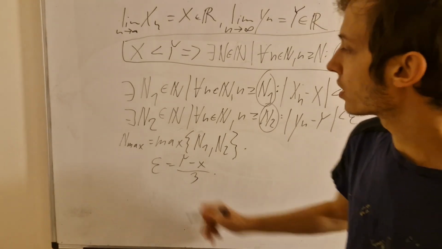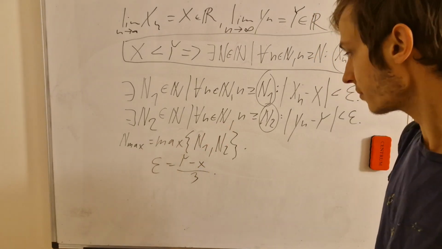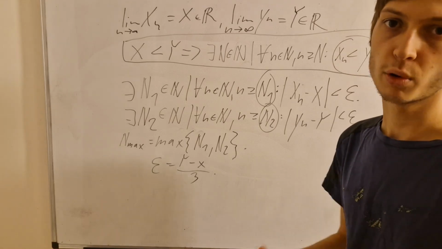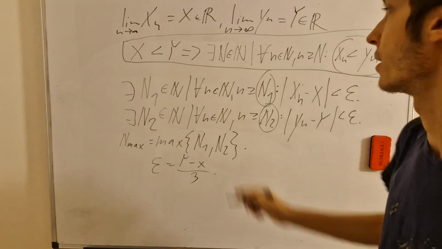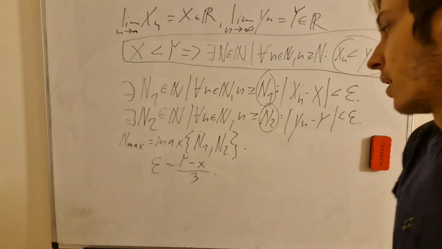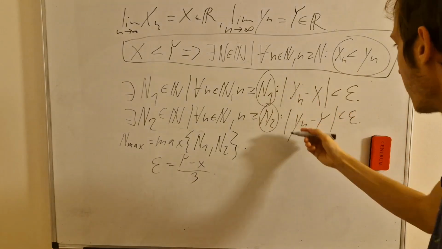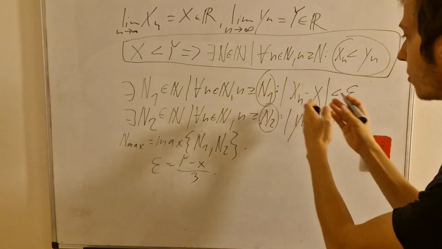So if we choose some natural number N max, the higher of the two, N1 and N2, then we can start building a long chained inequality expression where we will show that x_n is strictly smaller than y_n when all these things are fulfilled. I would start by realizing that these expressions for the limits say that after some N1, x_n minus X is between minus epsilon and epsilon.